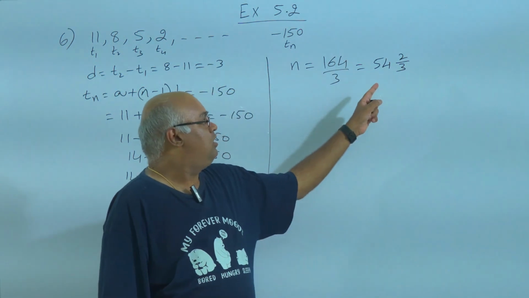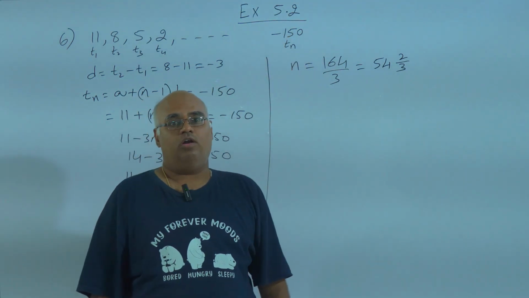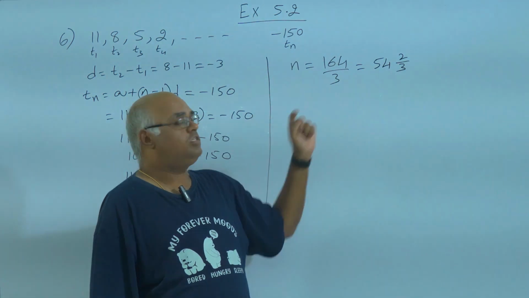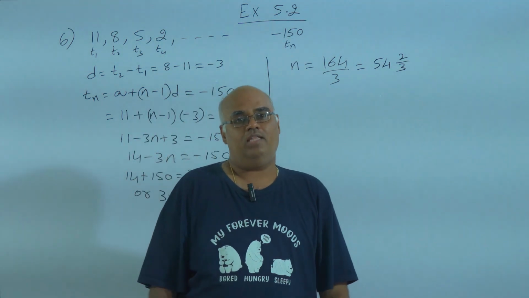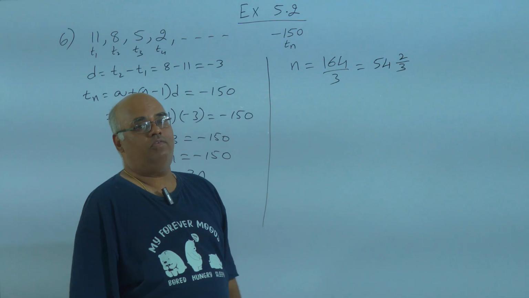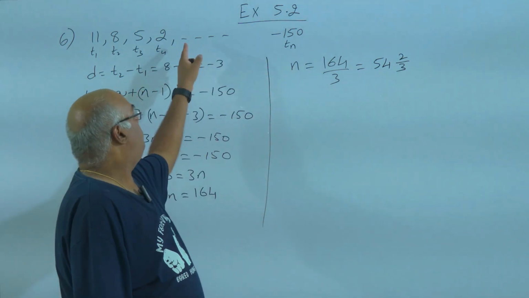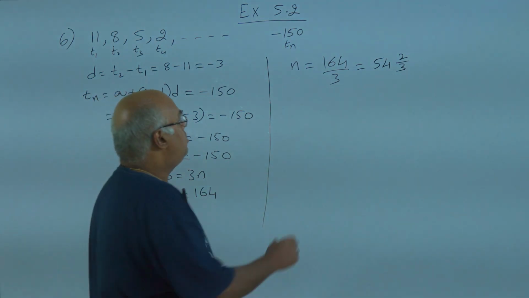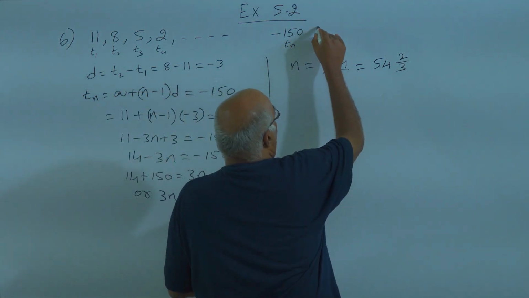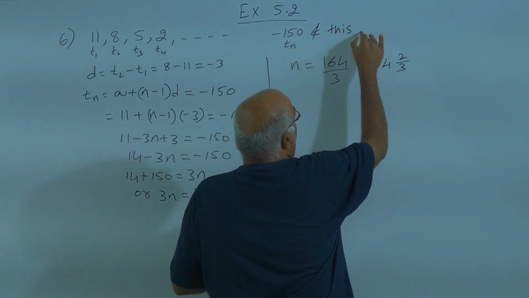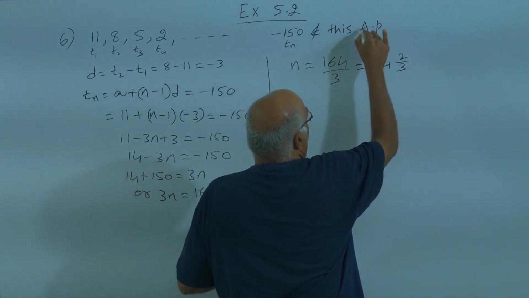This is because minus 150 is not a member of the arithmetic progression. So since the value of n is not a whole number, we can say that minus 150 is not a term of this given arithmetic progression.